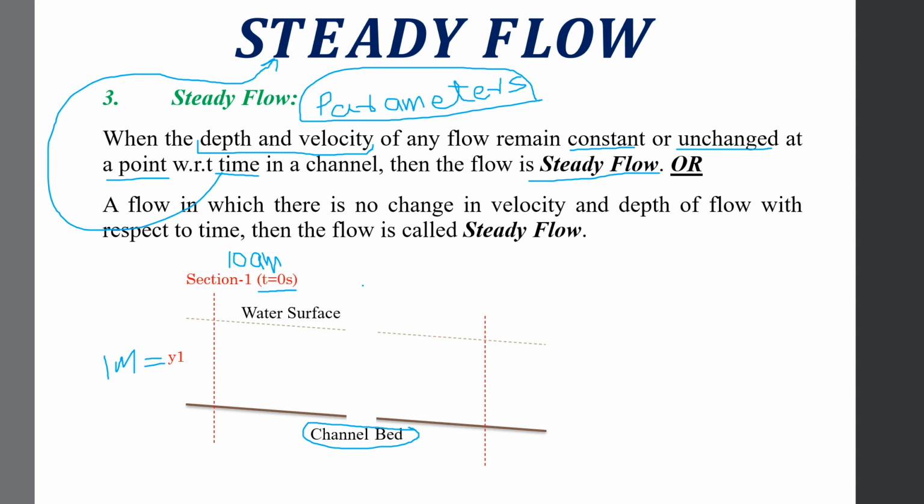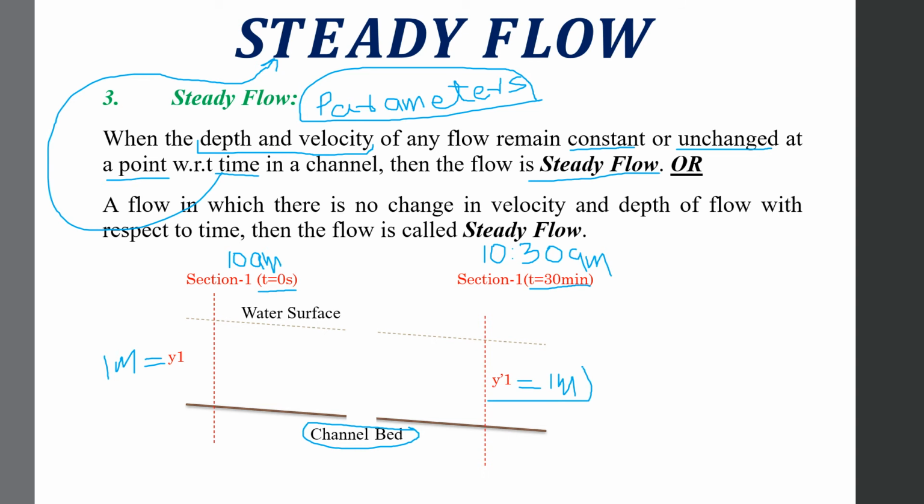After some time at section 1, say after 30 minutes at 10:30 a.m., you came again to section 1. And what did you observe? You observed the depth of flow as y1 dash. This was observed to be 1 meter.